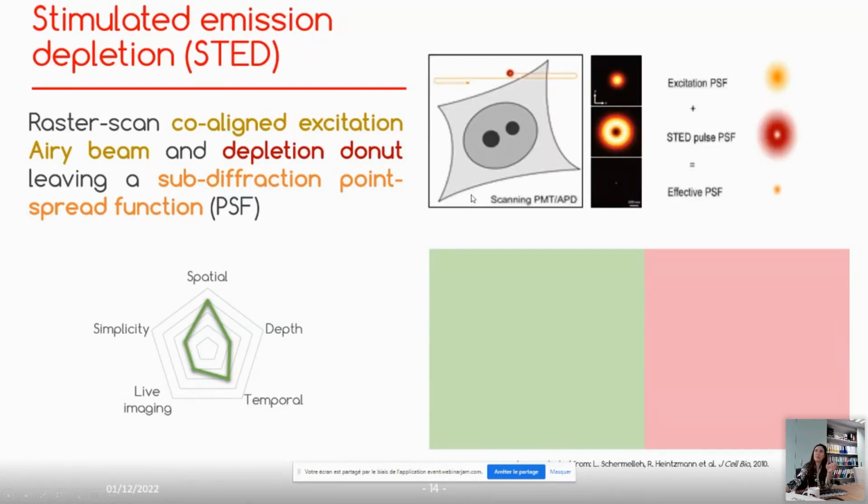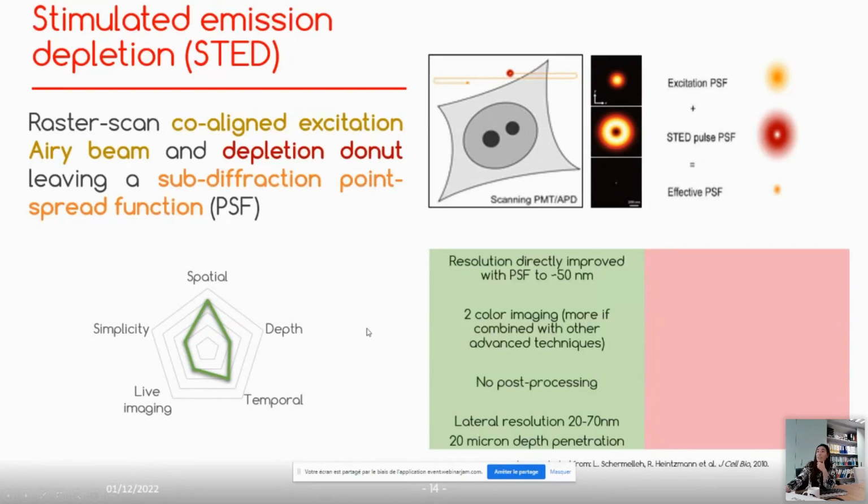STED is going to borrow this scanning analogy from confocal, where we have a beam that raster scans, but instead of a single excitation beam, this airy spot here, there will be a co-aligned secondary beam of a different wavelength that's effectively going to cancel out and erase all but this remaining small spot. So the effective point spread function, a limit to the resolution of the system, is going to be much smaller than we'd otherwise see with the airy spot.